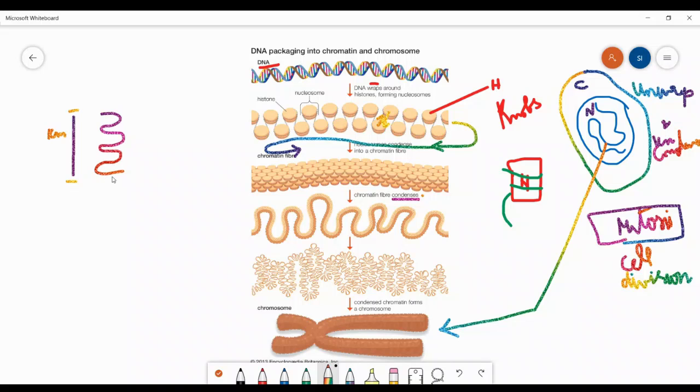Serpentine loop formation can help accommodate maybe around 5 to 6 centimeters or even more in the same space, and that is a form of condensation mechanism we find in chromosomes.